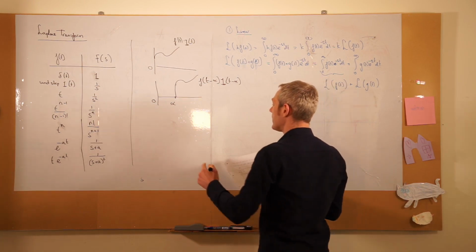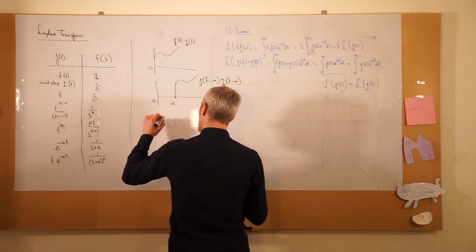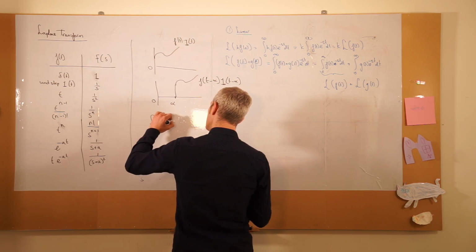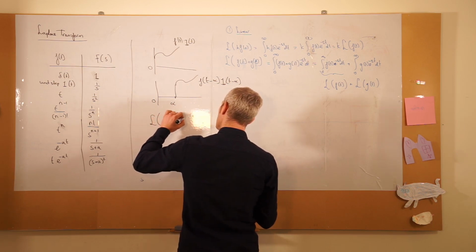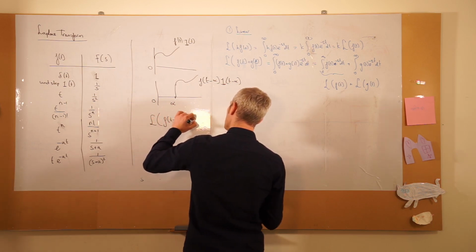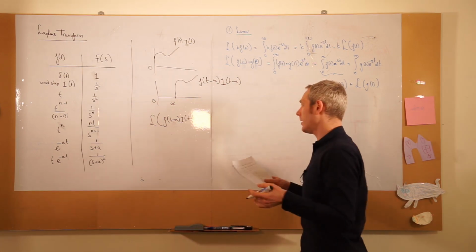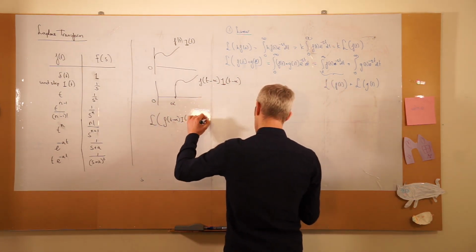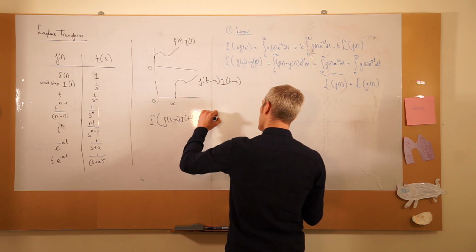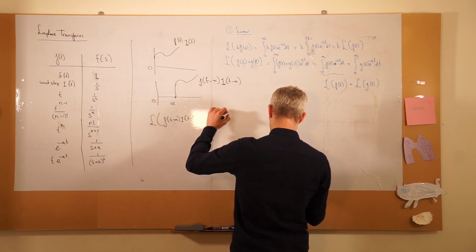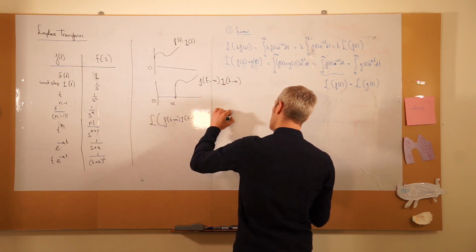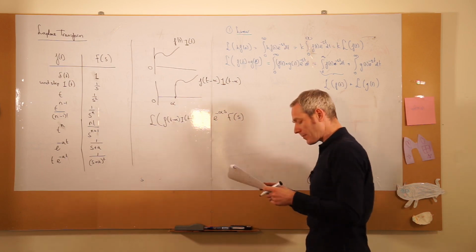Now, if we take the Laplace transform of f(t minus alpha) times that unit step, so the function shifted by amount alpha, what we get is e to the power of minus alpha s times F(s).